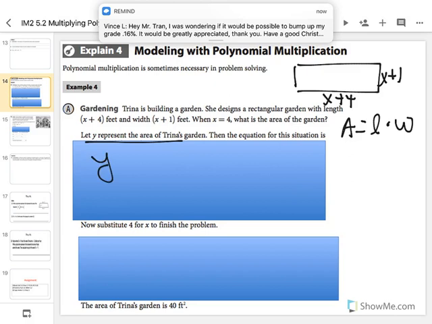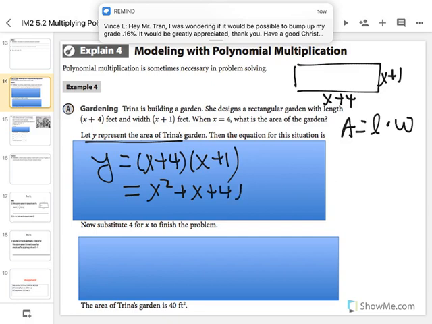So y is equal to x plus 4 times x plus 1. We can use the FOIL method to work this out. That gives us x squared plus 1x plus 4x plus 4, and then combine like terms. So it gives us x squared plus 5x plus 4.